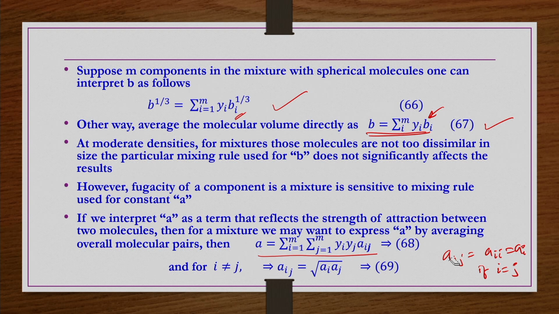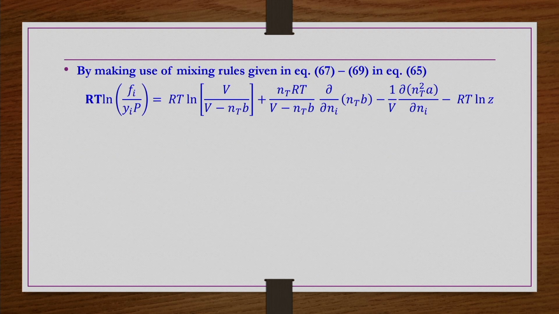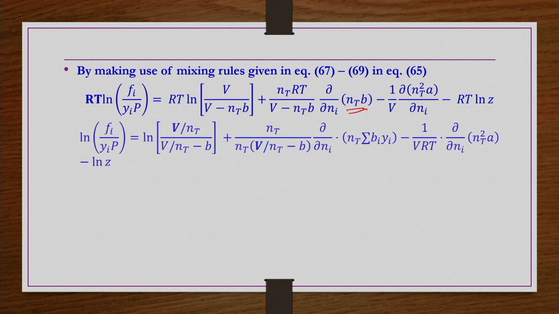Now we use these mixing rules, and then further simplify the equation that we derived for the fugacity coefficient in the previous slide. This is the previous equation 65. Now, we will be using some assumptions for n_T B first.